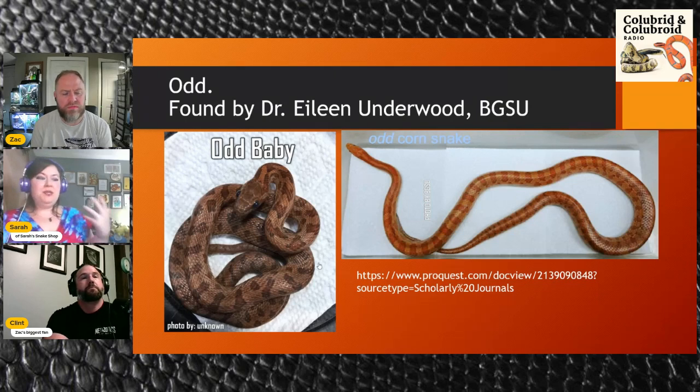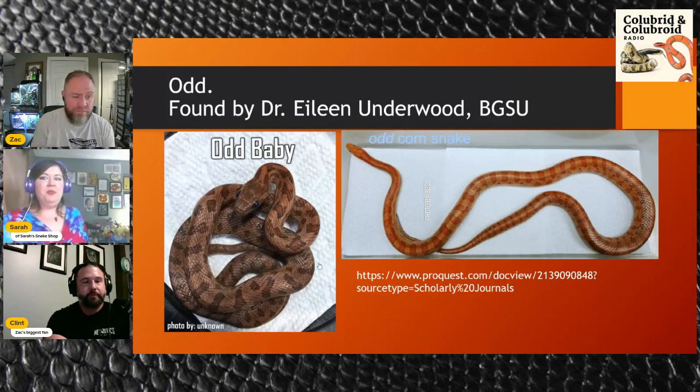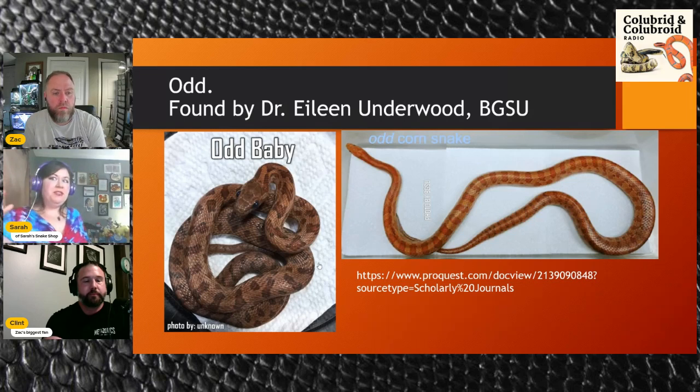But again, that's because they were breeding them when they were too small. They were breeding them at the correct age, but they were too small. And so once people were actually getting their females up to size and breeding them, no problems.